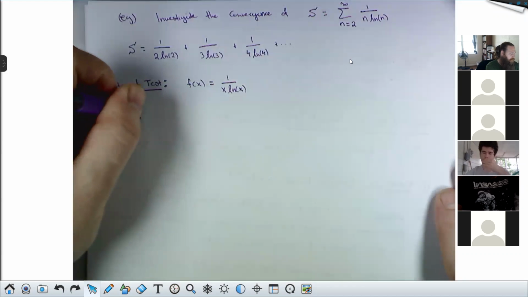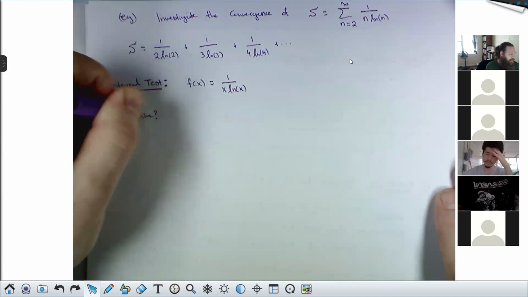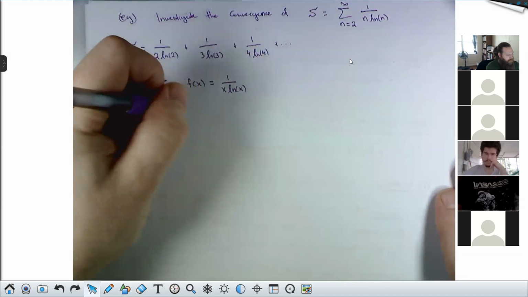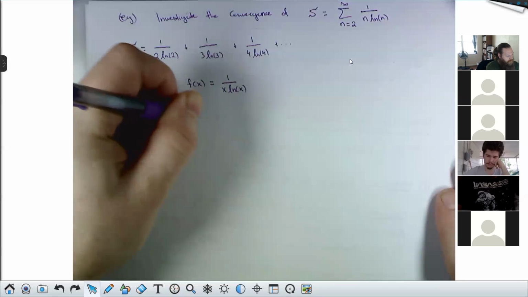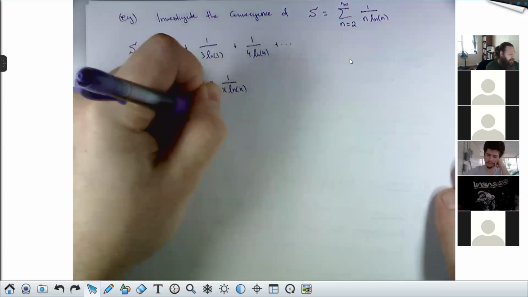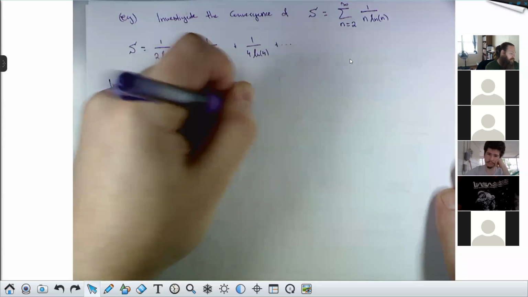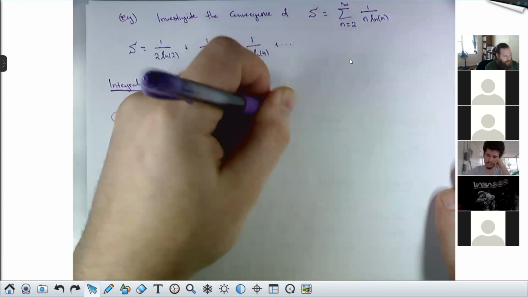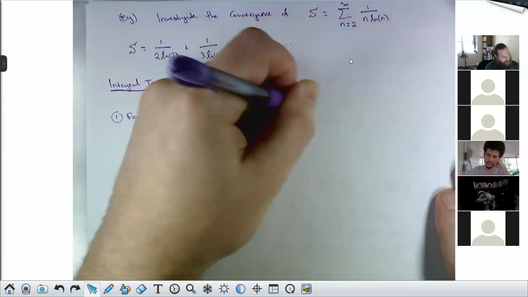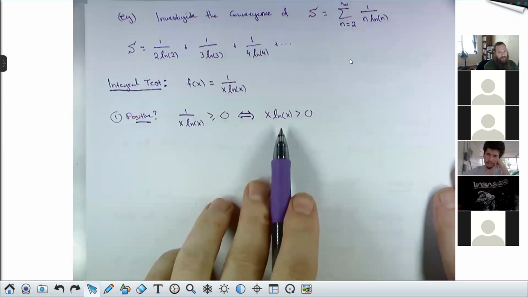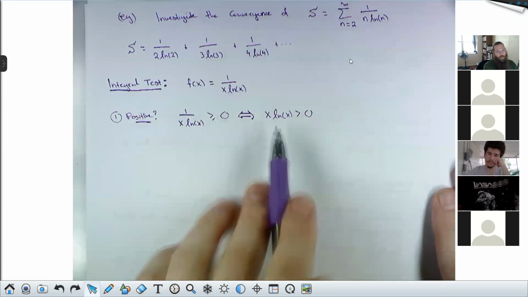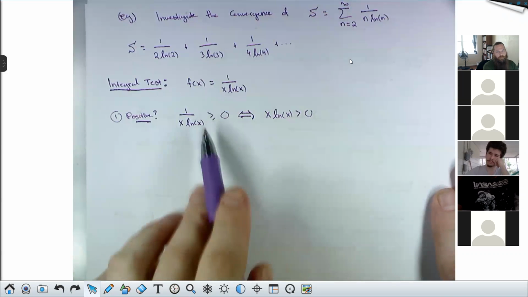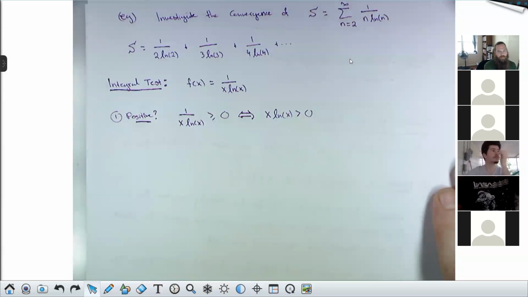So is this positive? Well, 1 over x times the natural log of x will be greater than or equal to 0 as long as x times the natural log of x is greater than 0. Right? The bottom can't be equal to 0. And 1 over something is positive as long as the something down there is positive. When is this true?